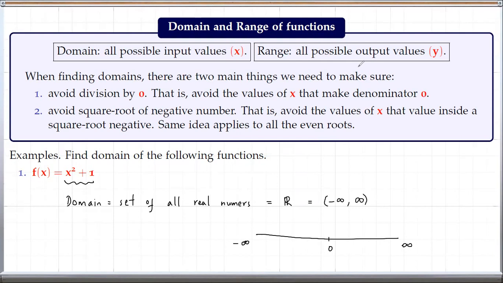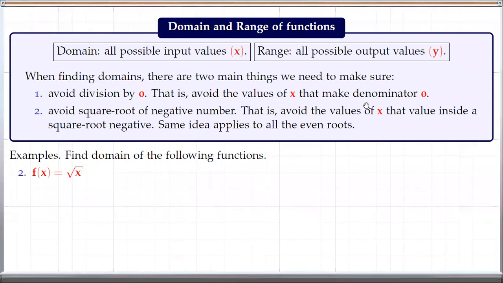Let's look at the next example now. Here we have square root of x. Like we said earlier, anything under a square root can take only non-negative values. So in this case, the domain is all real numbers that are not negative.